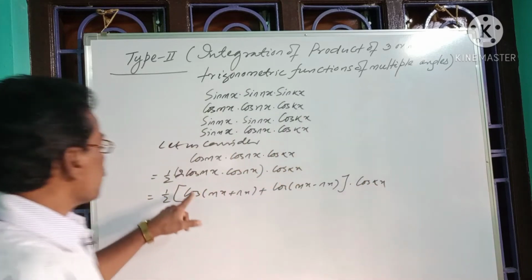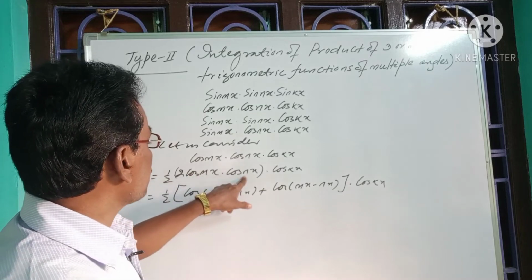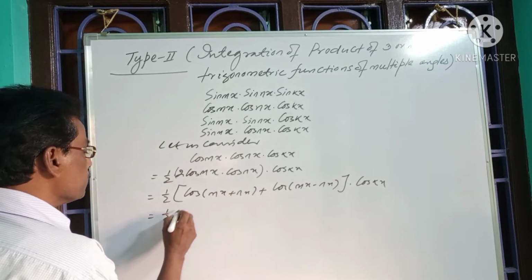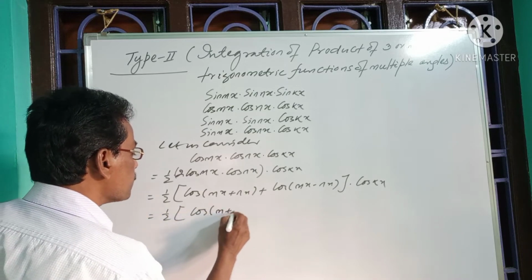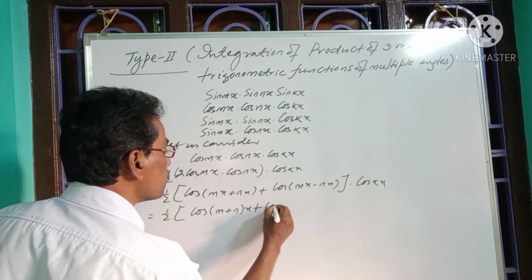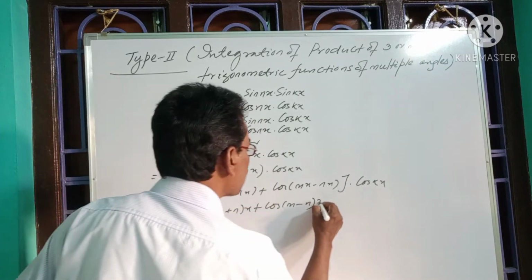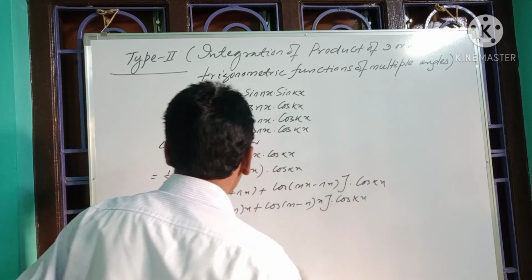Now cos of a plus b plus cos of a minus b is equal to 2 cos a into cos b. So simplifying, we have half into cos of (m plus n)x plus cos of (m minus n)x into cos kx.